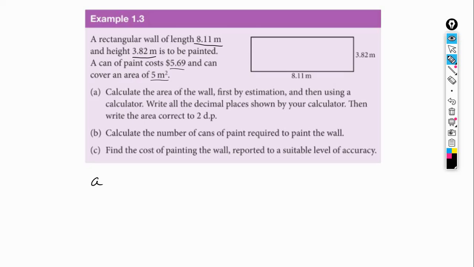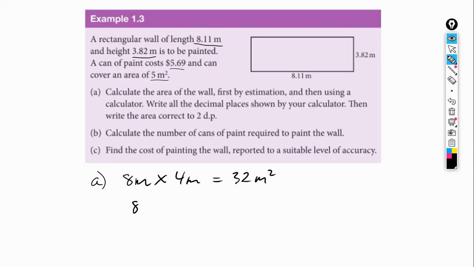Okay, so let's start with letter A, and we can do it by estimation by saying that it's about 8 meters times 4 meters, therefore approximately 32 meters squared. But they want us to calculate now the exact area using a calculator.